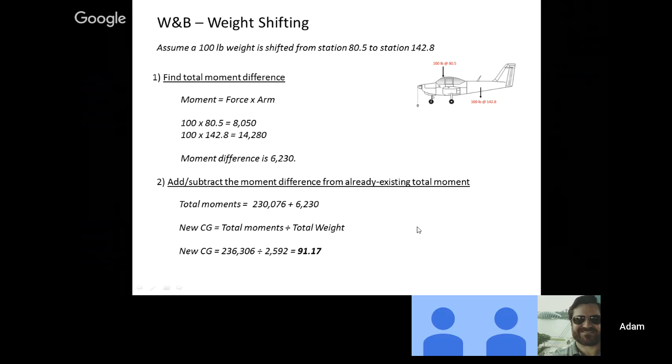And then the rest is simple, just like we did before. Calculate the new center of gravity by taking moments divided by weight. So the new moment, which is 236,306, divided by the 2592 total weight, and we've got a new CG of 91.17.